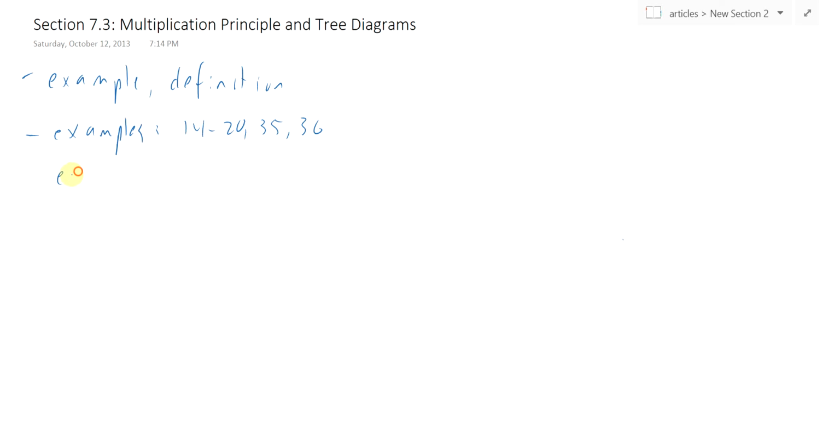And then some other examples covering 53 and 54. Okay, and that would bring us to the end of 7.3.